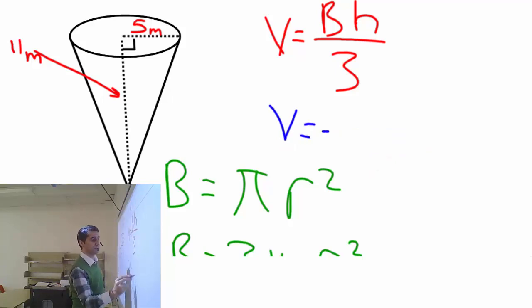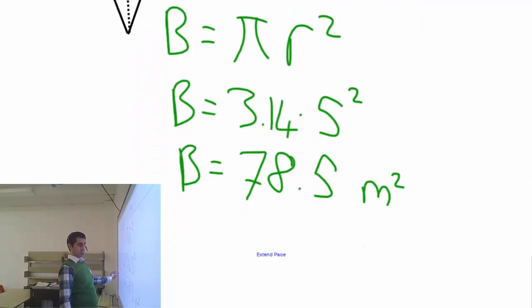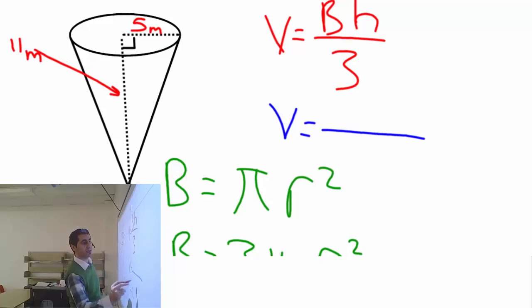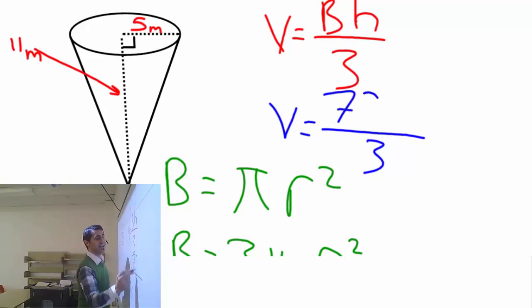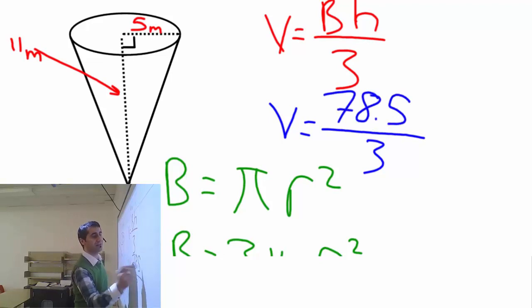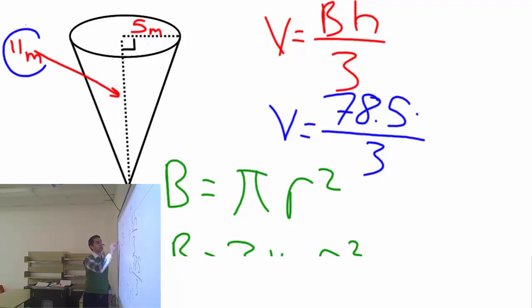Volume equals, divided by, let's take a look, that's 3. And the base area we calculated, 78.5, multiplied by the height. Looking at the shape, we can see that height is 11.